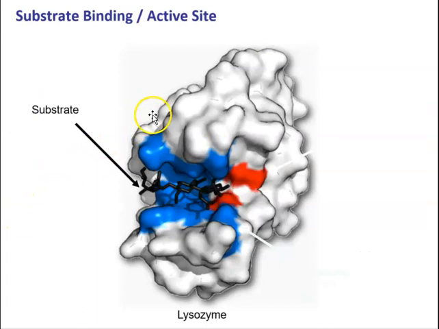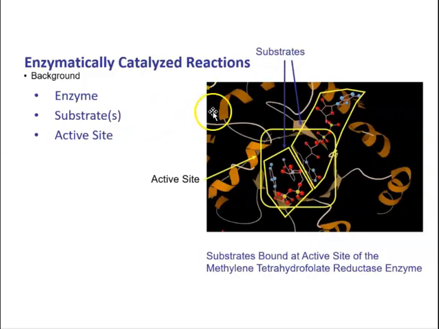We can also look at this. This is another image, just a different rendering of that data that has been generated, usually through X-ray crystallography or NMR, in order to know where the atoms are within that molecule.